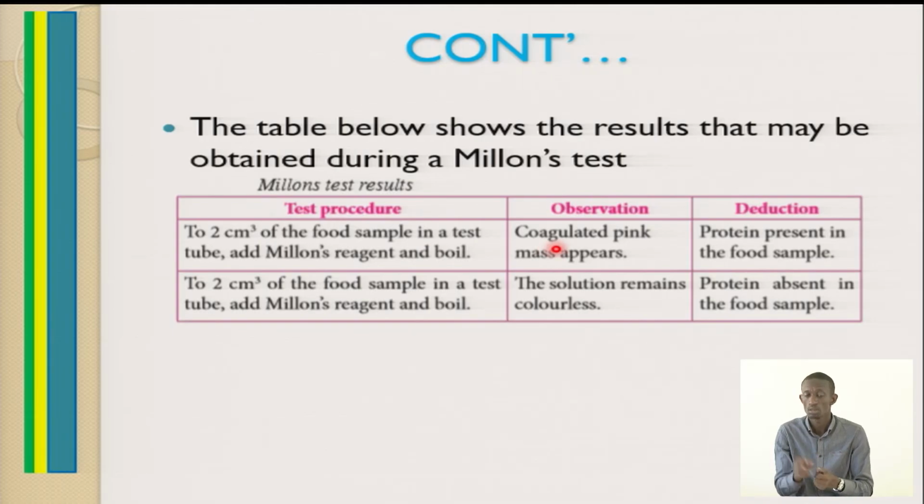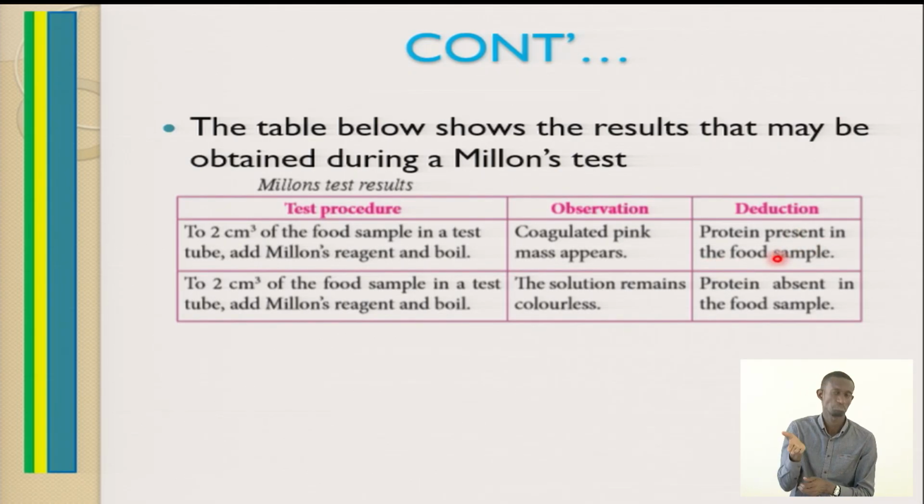Once a coagulated pink mass appears, that obviously confirms that my food sample contains proteins. That's what is written there. Once you get that color, I'm emphasizing that color, a coagulated pink mass appears, the proteins are present in the food sample.